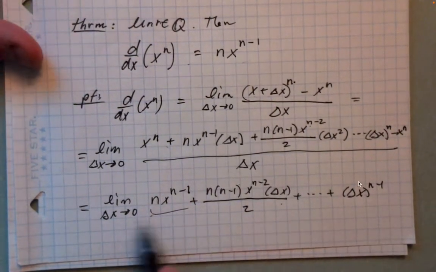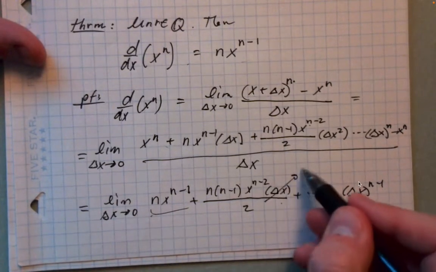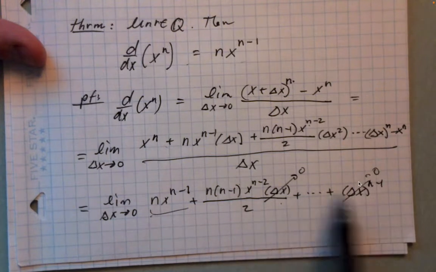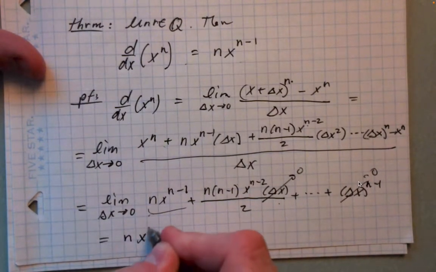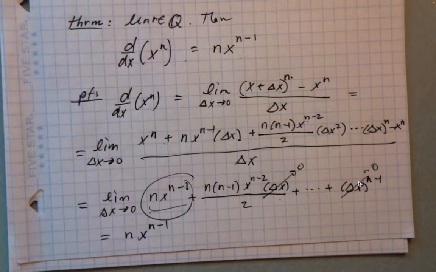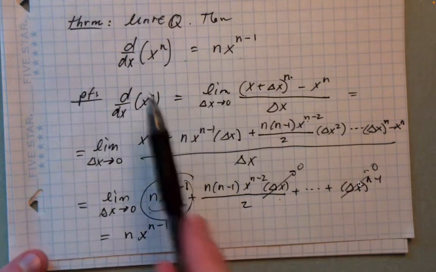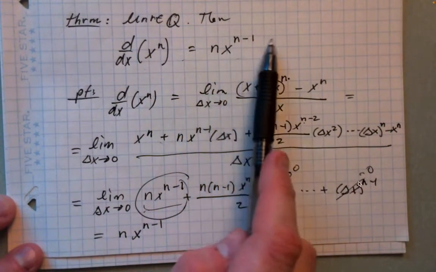And so naturally, what's going to happen when delta x approaches 0? This guy's going to 0, that guy's going to 0. All of the terms in the expansion go to 0 except for this one, and that's where you get your derivative from. So the derivative of x to the n is equal to n times x to the n minus 1.